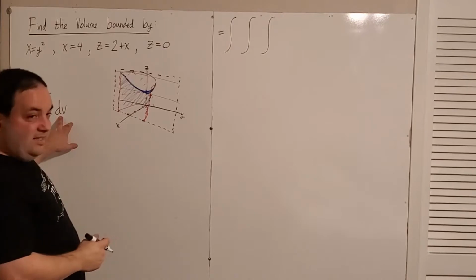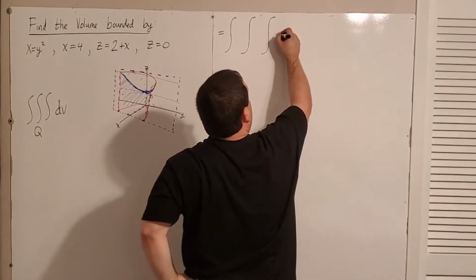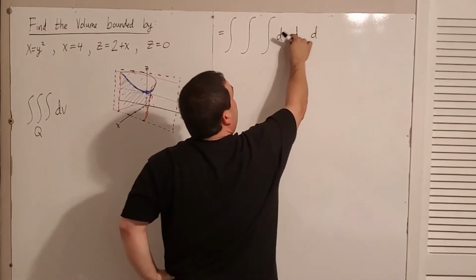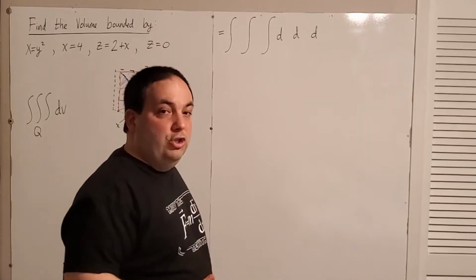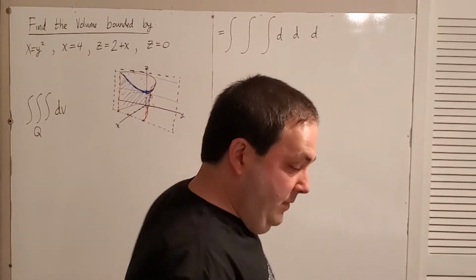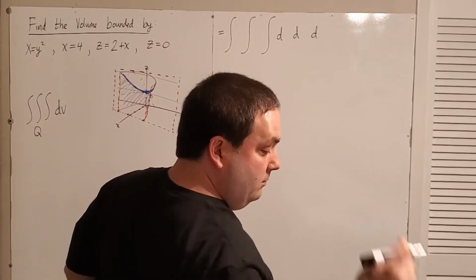And it's just going to be dv, okay? So then I'll put my differential pieces out here. We need to talk about the order that we're going to do these things in. The order that we're going to do them in is actually going to be, let's see.